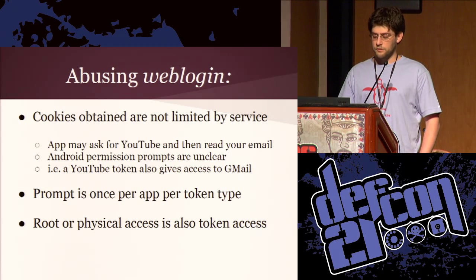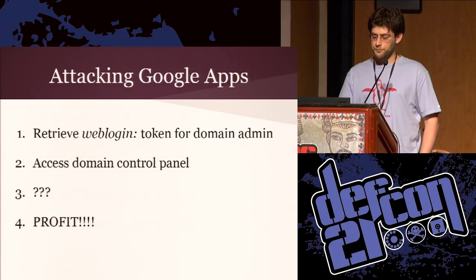Lots of other things we'll get into later. The permission prompt is only given once per app per token type, so an application can generate as many of these tokens as they want if you've approved them. There's also some ways that you could get these tokens without asking permission, which we'll get into, and that's involving having root or physical access on the device.